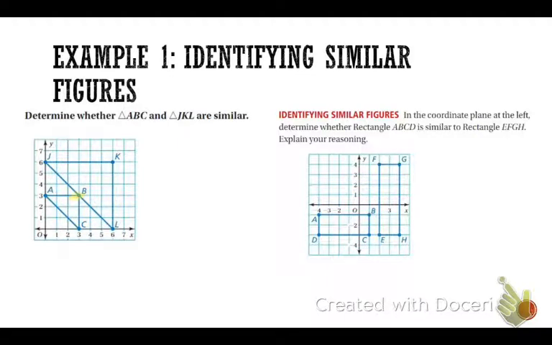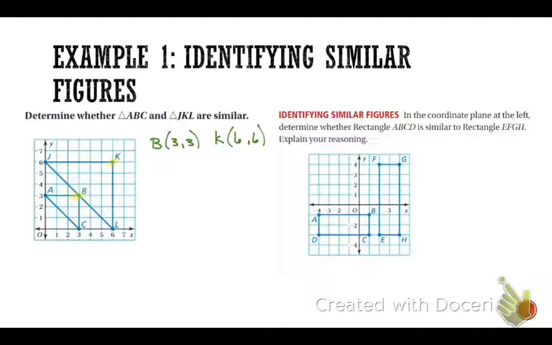So let's start with B. Angle B. Which angle corresponds with B? K. All right, K corresponds. So let's compare B and K. Well, the ordered pair for B is what? 3, 3. And the ordered pair for K? 6, 6.